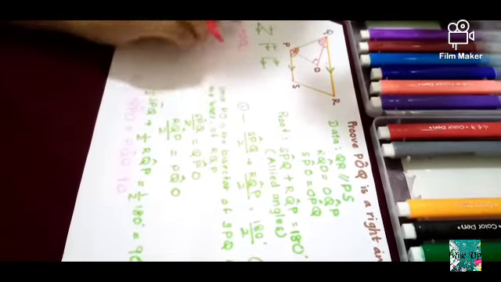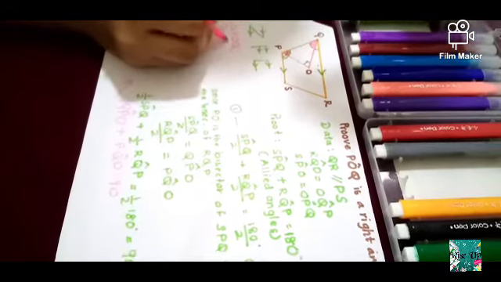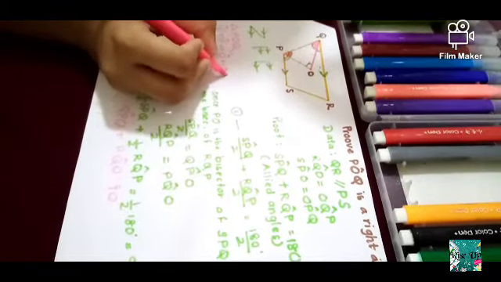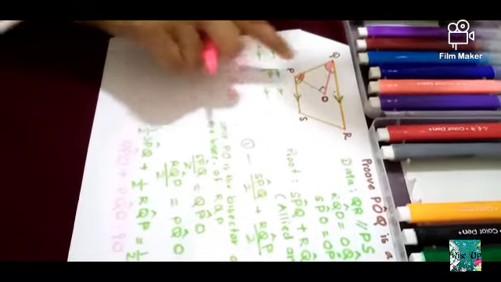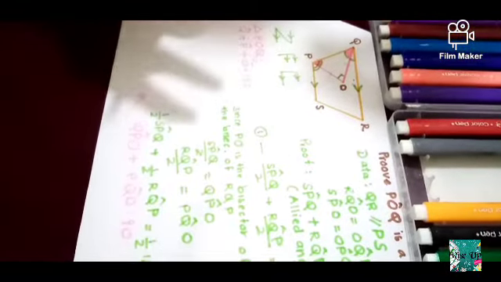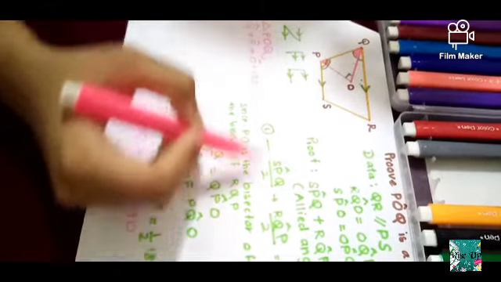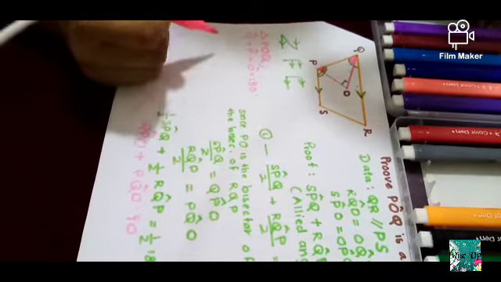In the triangle POQ, the sum of angle Q plus angle P plus angle O is giving 180 degrees. What is the theorem? The theorem is the sum of the interior angles, the sum of the angles inside a triangle is 180 degrees. You can write the theorem in front: the sum of the interior angles of a triangle is 180 degrees.